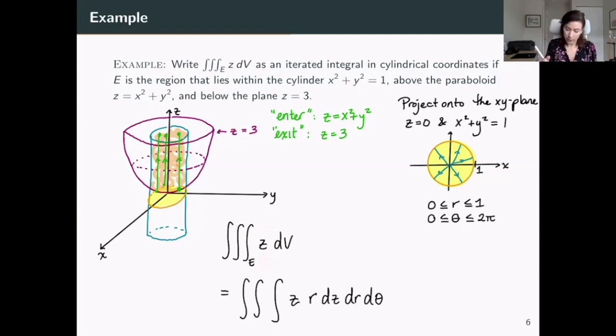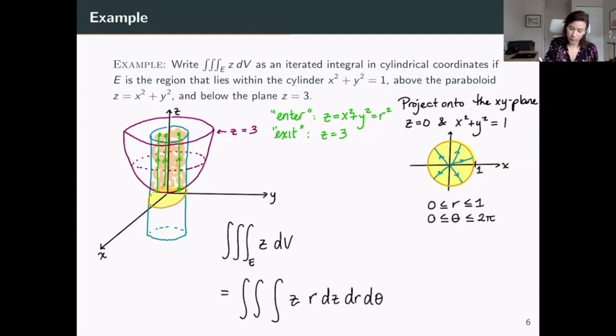Our z values are going to be changing from our bottom limit, which, note, was z equal to x squared plus y squared. However, if we want to throw this into polar coordinates, we're going to need to change z equal to x squared plus y squared to be in terms of r and theta, and this will be equivalent to r squared.